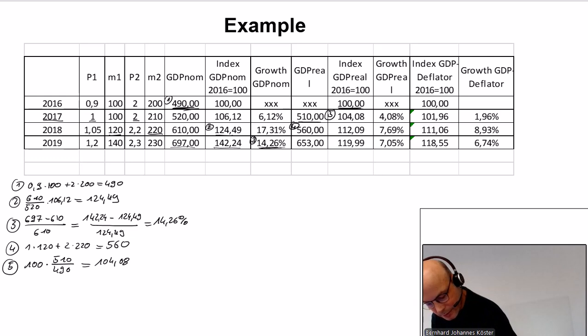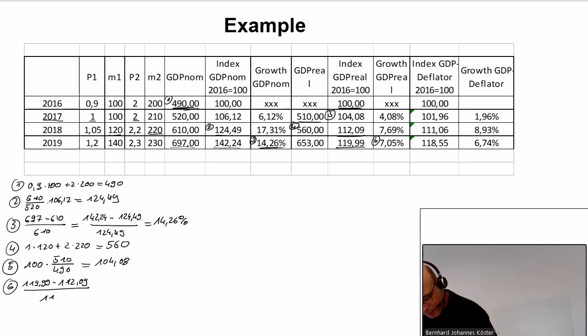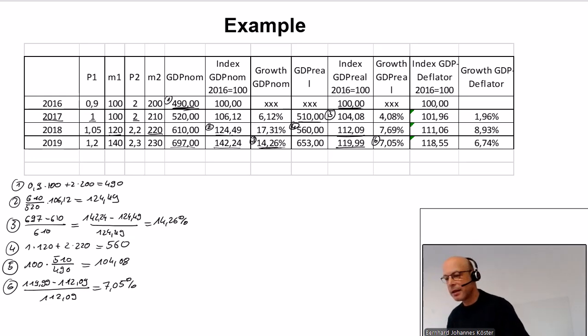Let's take this one. Again, value today minus the former year divided by the value of the former year: 119.99 minus 112.09 divided by 112.09 is 7.05%.